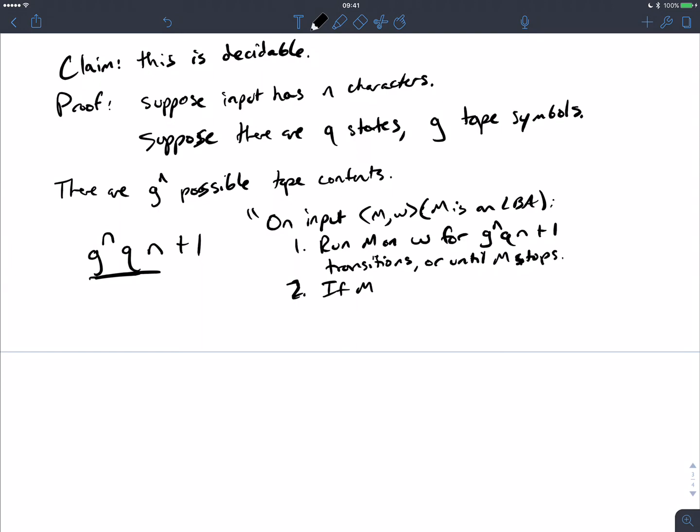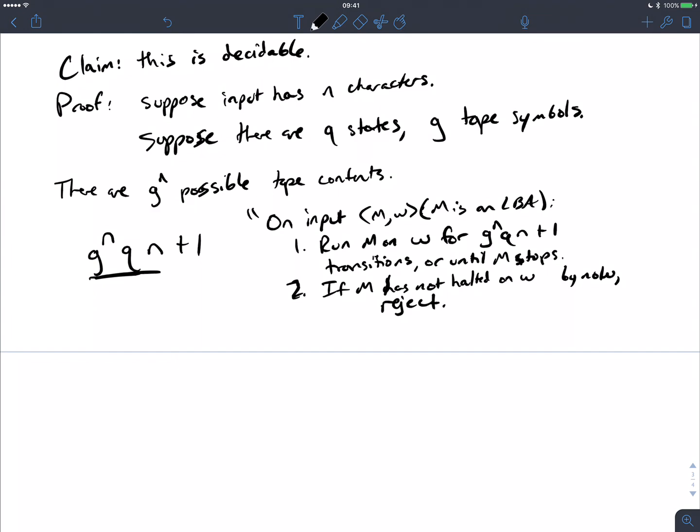If M has not accepted W by now, it's in a loop, so therefore we can reject. Not "has not accepted W", rather "has not halted on W", because it could very well reject beforehand.